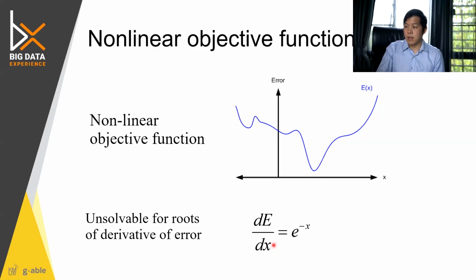And you may encounter unsolvable roots, or it might be solvable but too complicated to calculate. Like this one, you take the derivative and you get the same thing, right? You cannot set it to 0 because the value is 1. So how do we address this problem?